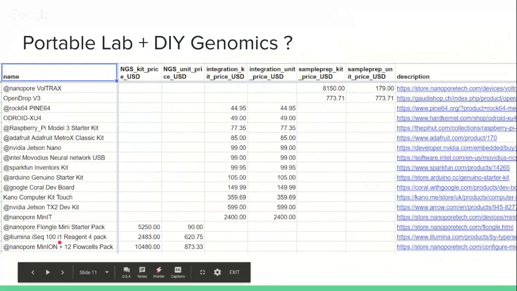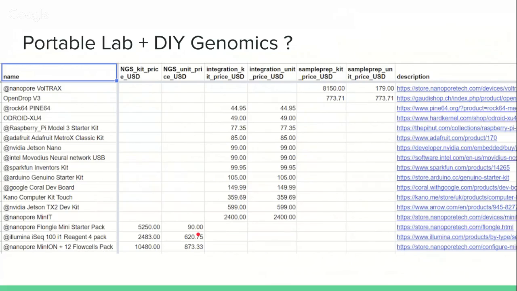For the Illumina iSeq 100, a pack of 4 reagents will be $2,500 approximately, but each of those will cost you quite a lot more per unit than the Flongle, not per number of samples, but the unit of experiment, meaning in this case, combination of flow cell and reagents, right?